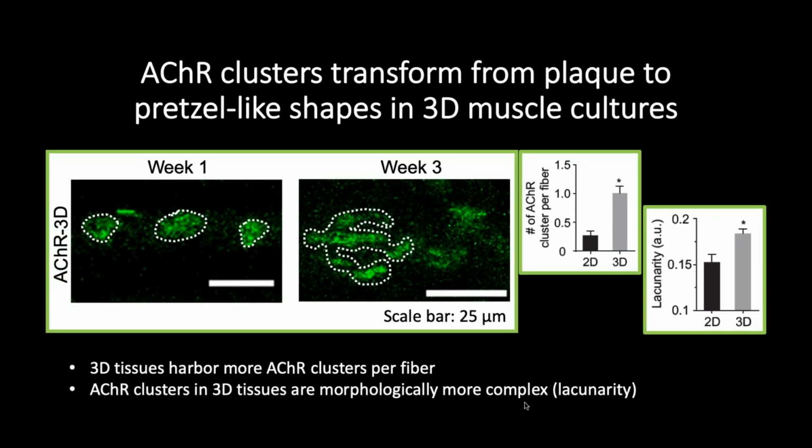Now, one of the other aspects that we noticed upon looking at our 3D cultures was that of the acetylcholine receptors. Now, acetylcholine receptors sit at the surface of muscle fibers, and as muscle fibers mature, these receptors cluster and end up being the contact point for motor neurons that connect and allow the brain to instruct the muscle to contract.